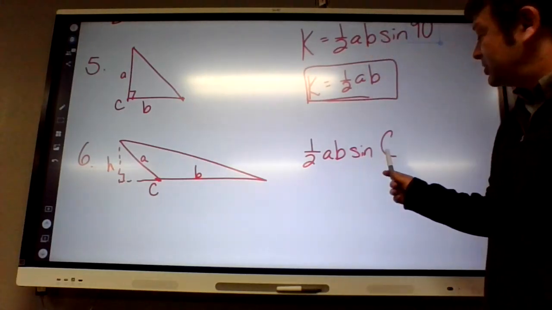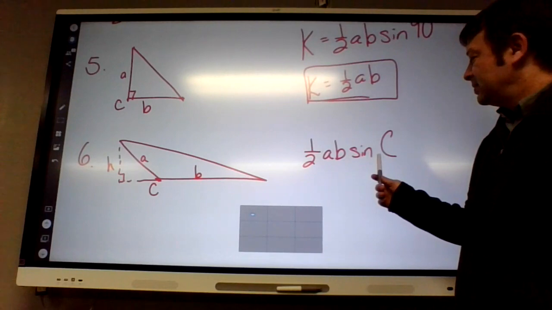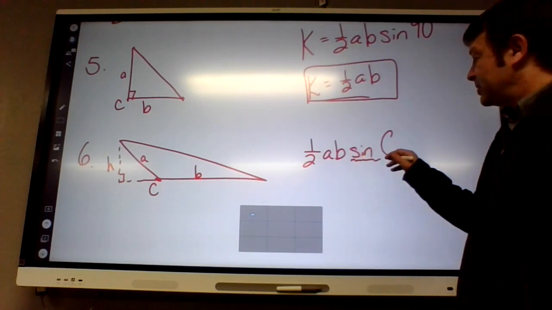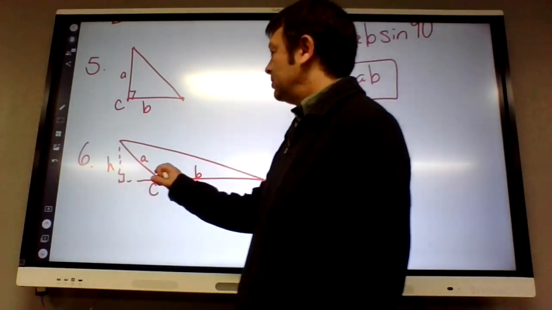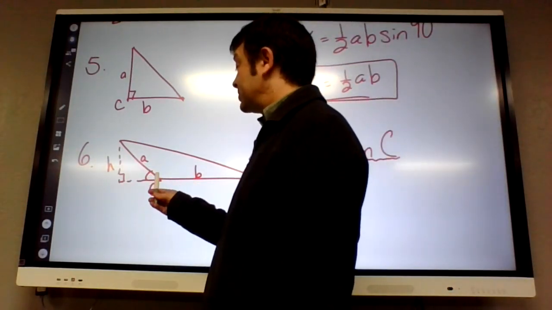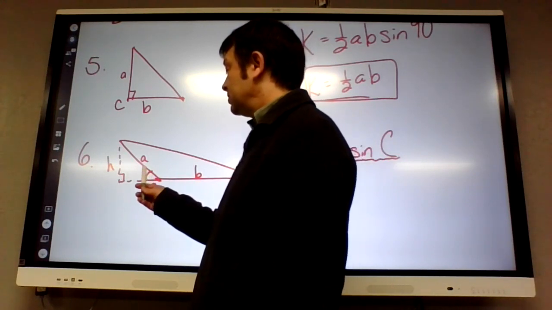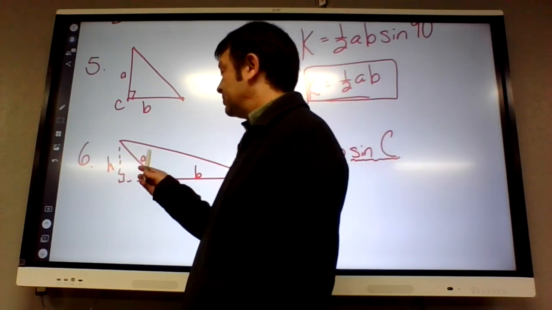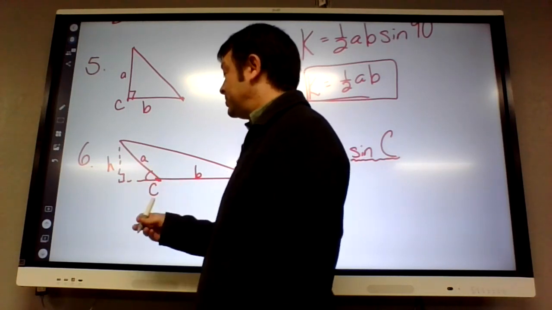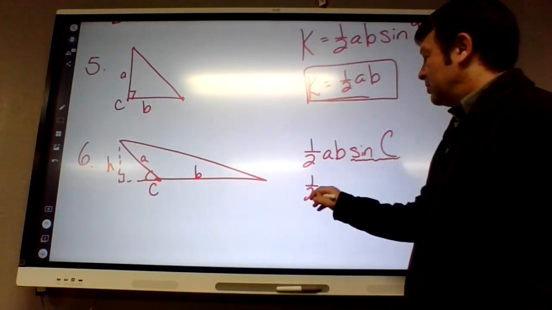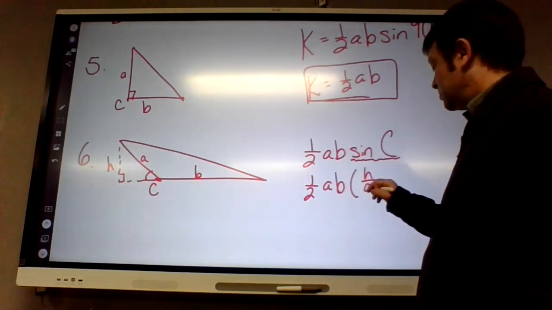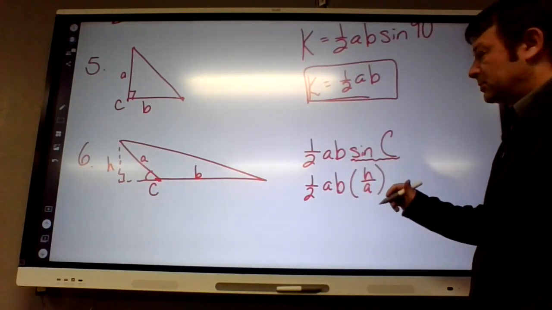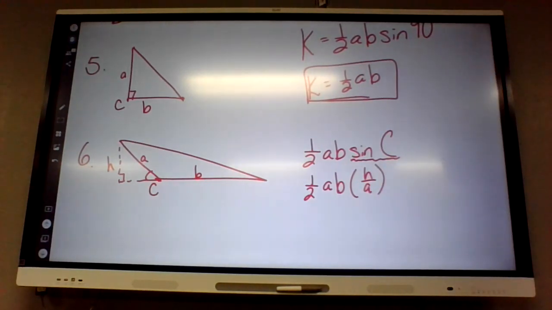All right, so what does sine of C give us? What ratio would sine of C give us? Opposite over hypotenuse, the height. So it turns into H over A. Okay, and then what's going to happen?